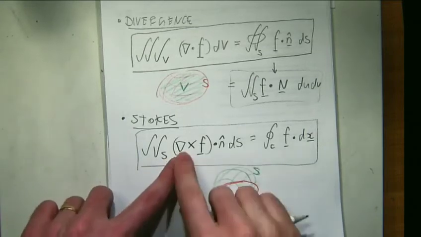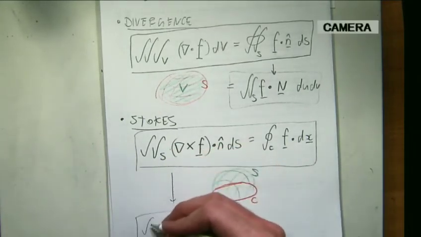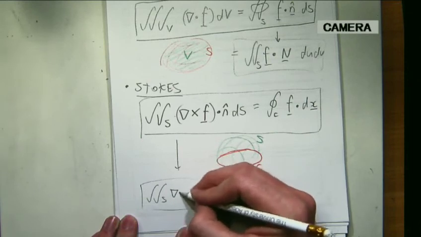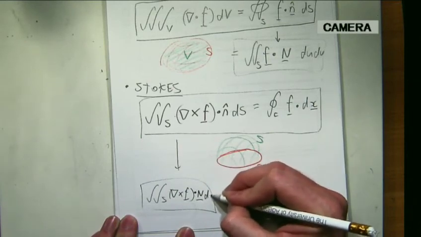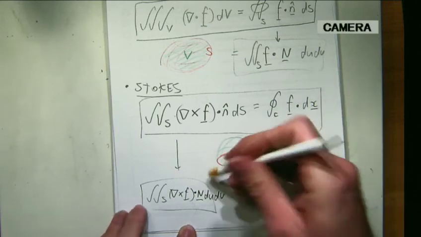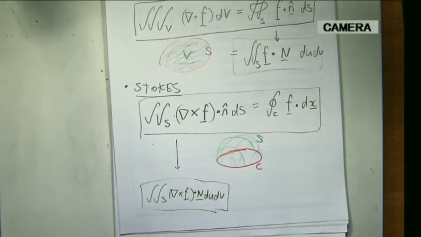Remember that this one here is actually going to be that, according to what we calculated before, where the n is xu cross xv.